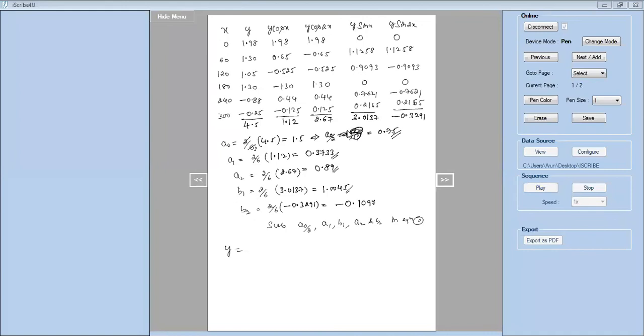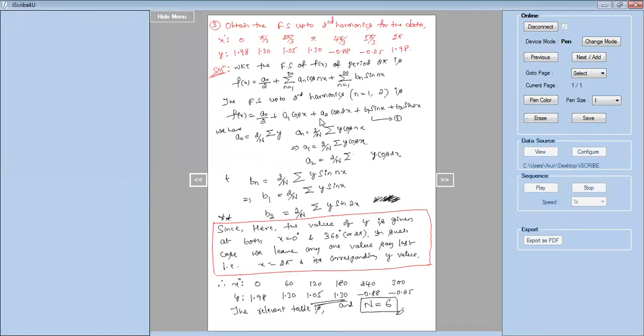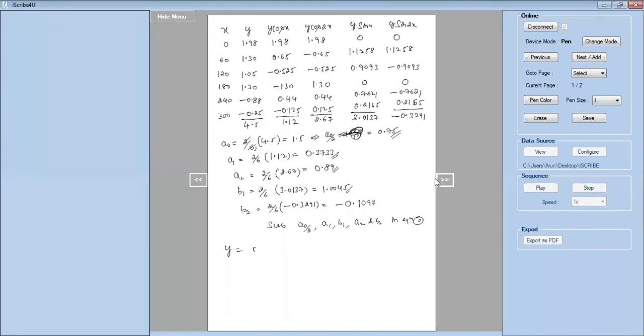So we got the values of A0, A1, A2, B1, B2. Let me substitute them in equation number 1, in this expanded expression, to get the Fourier series. A0 by 2 was the first term, it is 0.75, plus A1, which is 0.3733 into cos x, then A2, which is 0.89 into cos 2x, plus B1, which is 1.0045 into sin x, then minus 0.1097 into sin 2x.